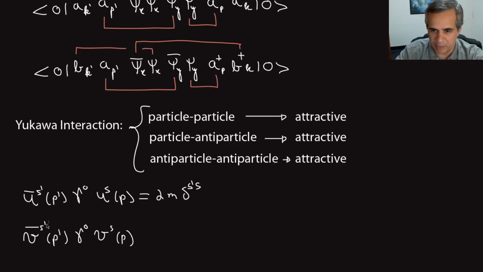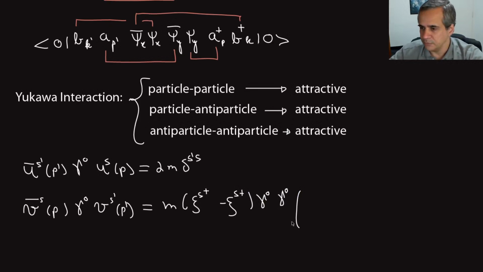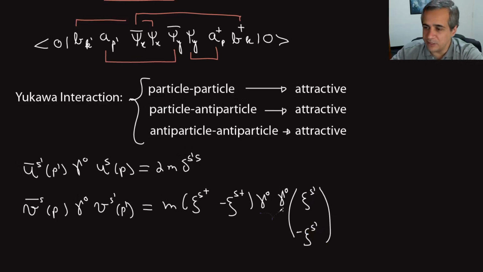Actually, yeah, the primes go over here, which is given by m times psi of s dagger, minus psi of s dagger, gamma 0, right? Now I have two gamma zeros because of that. Psi of s prime, minus psi of s prime. But now this is the identity.